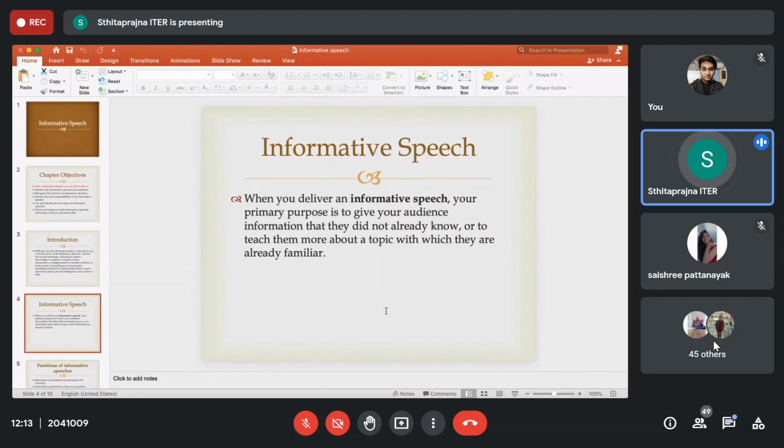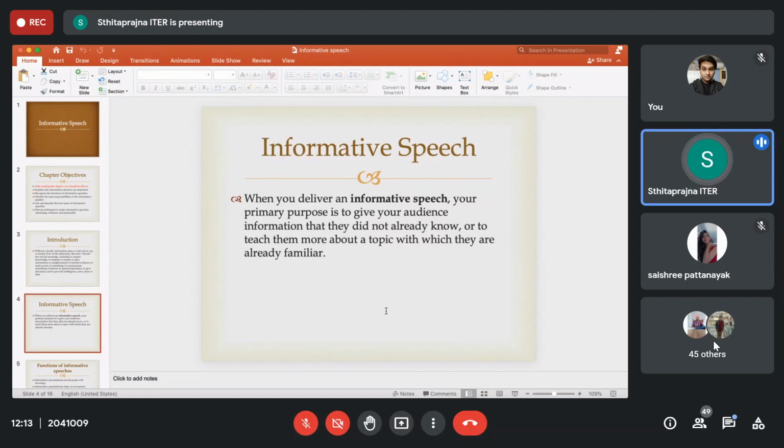Now, when it's an informative speech, your primary purpose is to give your audience information that they did not already know, or to teach them more about a topic with which they are already familiar.